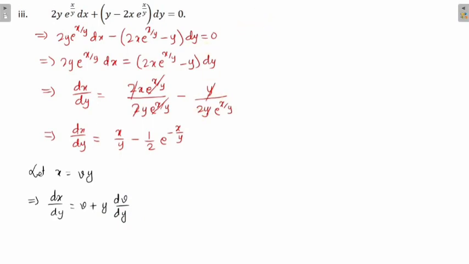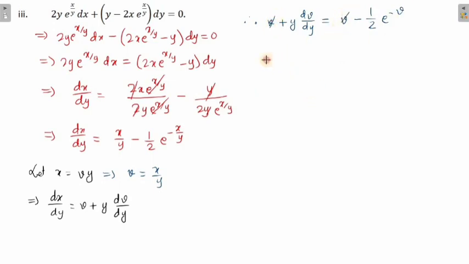So in that case, what you are going to get, let's see. Therefore we have dx by dy can be written as v plus y dv by dy, okay, is equal to x by y. So from here you get v equal to x by y. So in place of x by y, I'm going to write v. So you get v minus half e to the power minus v. So v and v get cancelled.